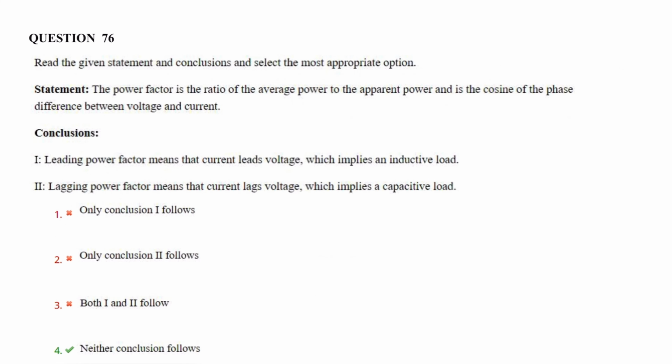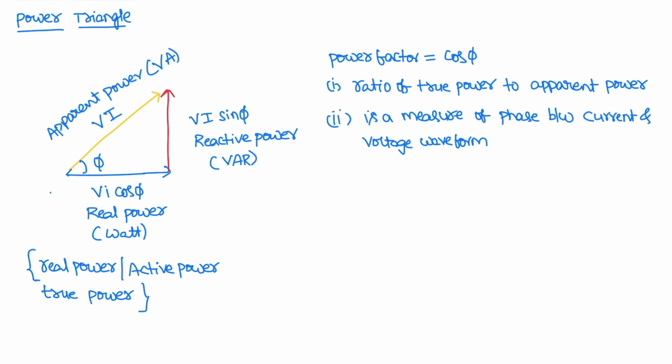The power factor is a ratio of average power to apparent power and is the cosine of the phase angle between the voltage and current. The statement is correct. Looking at the power triangle, the power factor is the ratio of active power, real power or true power, to apparent power.